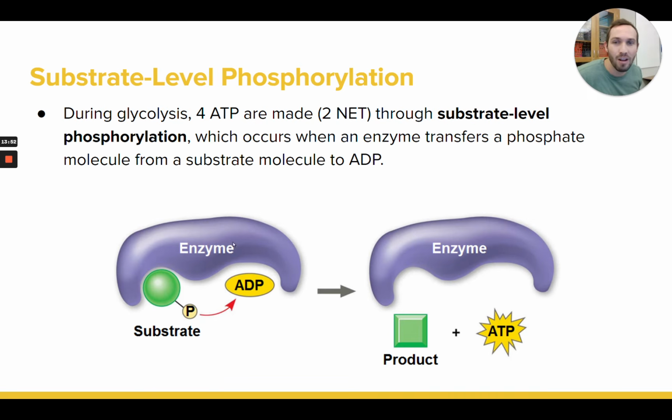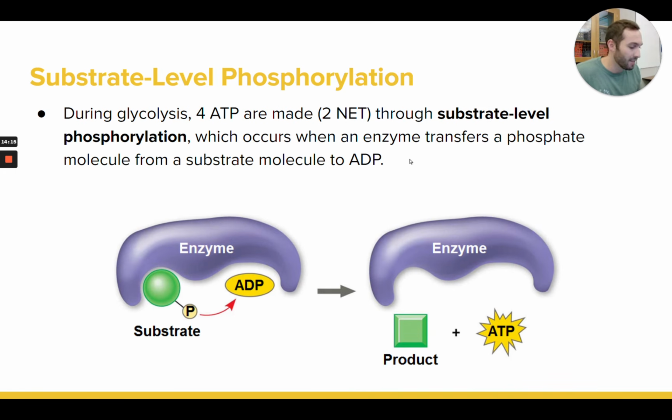It involved an enzyme. There was an enzyme who took a phosphate from a molecule and gave it to ADP. And so there is a substrate, and we're using it to phosphorylate ADP to make ATP. And so that's this enzyme here who's helping that substrate to transfer that phosphate to ADP.